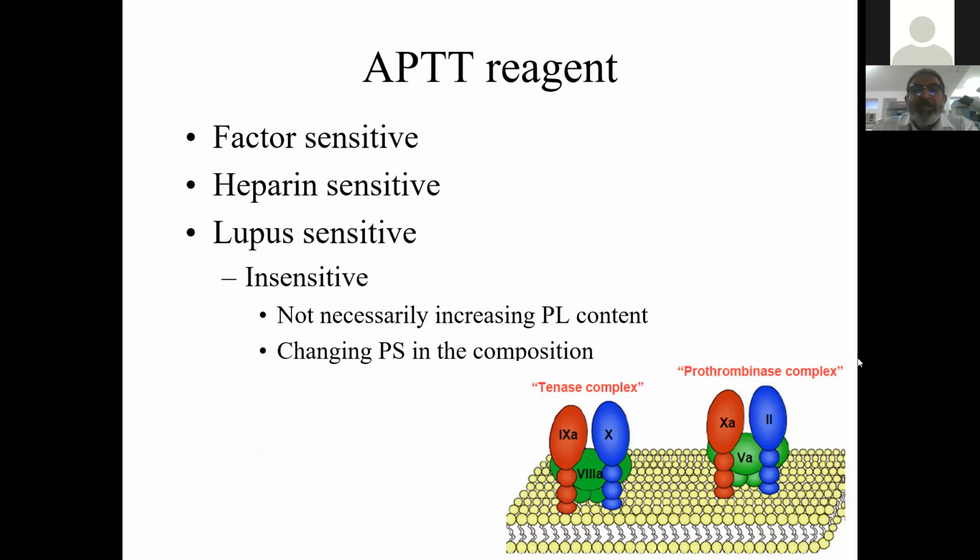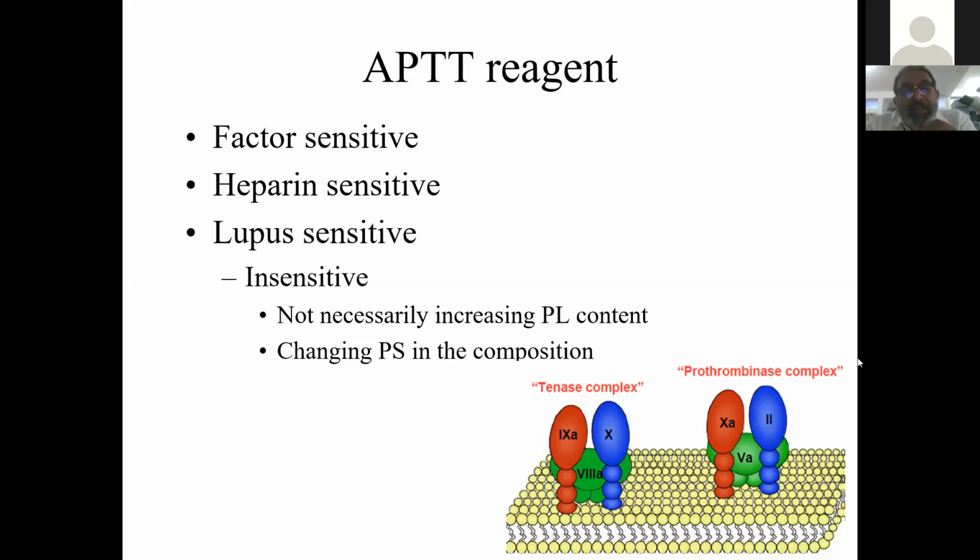So APTT reagents have generally been selected for factor sensitivity. We really like factor sensitive reagent, heparin sensitivity, and we don't like lupus sensitive reagent because our job is not to look for lupus in the population. When the sample comes for lupus test, then we will probably use a lupus sensitive reagent only to do lupus test.